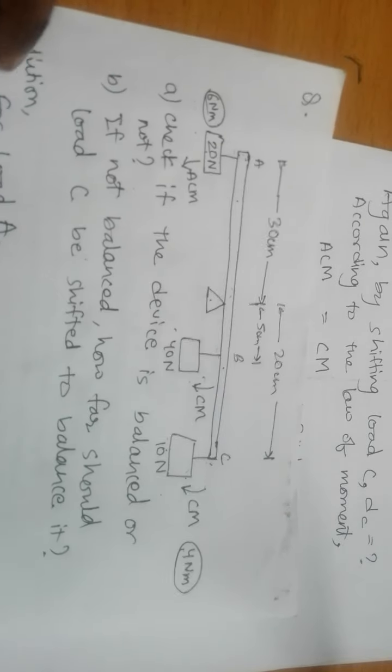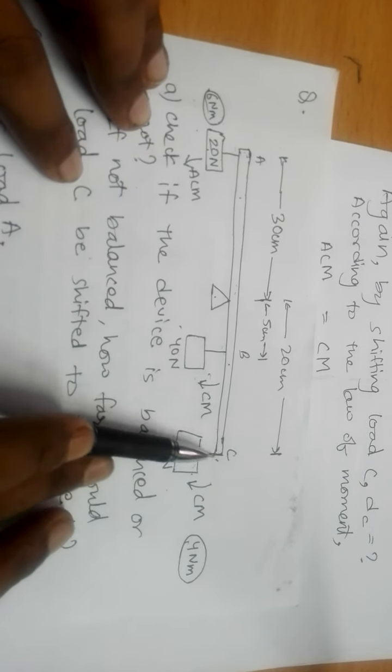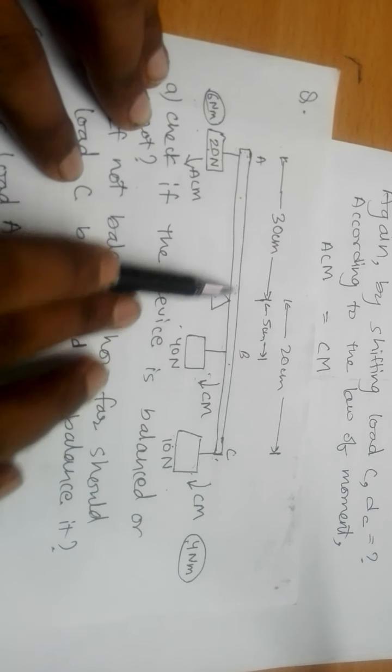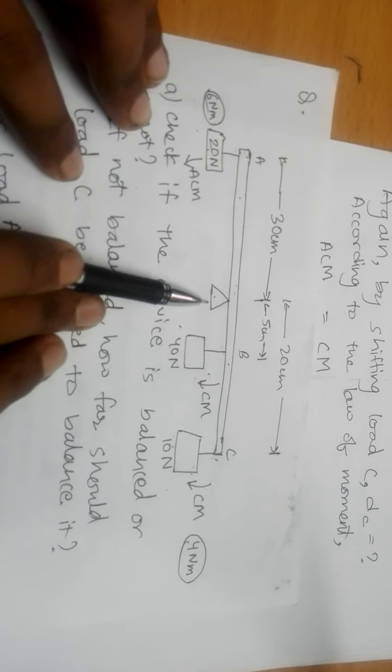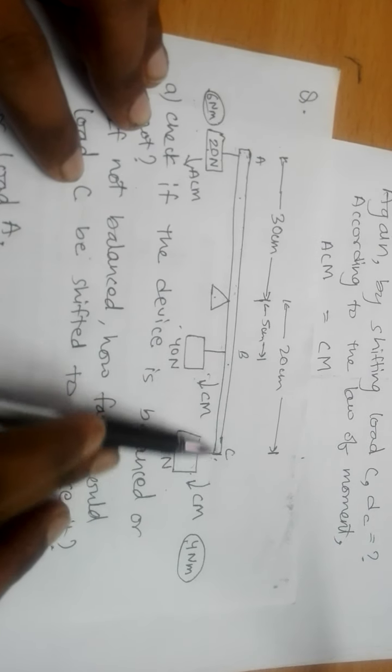Okay, here, if you want to balance this lever, you must shift the load C up to 40 centimeter away from the fulcrum. If you want to balance the lever, the load C must be shifted up to 40 centimeter away from the fulcrum. Okay, give the conclusion.